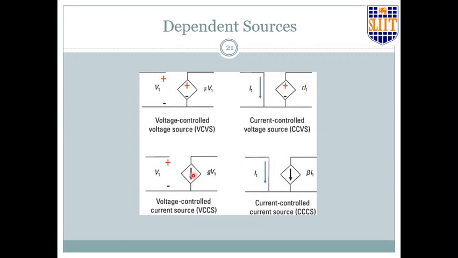However, in this case the output is a current and the input is a voltage, therefore this takes units of 1 upon resistance, the conductance. G is a conductance, 1 upon resistance. Here again input is a current, output is a current, so beta is a unitless constant.